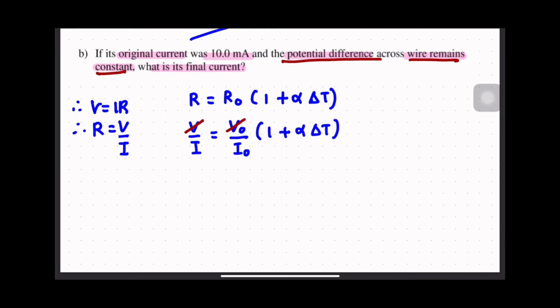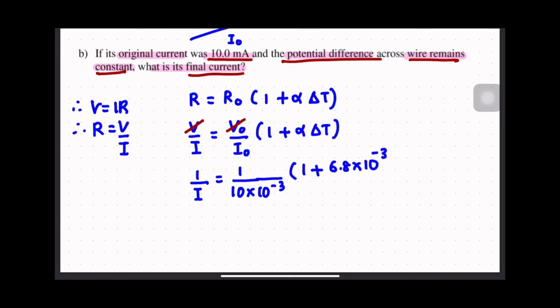Okay, so kita nak cari final current. Dia kata initial current dia adalah 10 milliampere. So this is I naught. So 1 over I yang kita nak cari final current is equal to 1 over I naught, current asal lah, 10 kali 10 negatif 3. Okay, so 1 plus alpha 6.8 times 10 to power of negative 3.